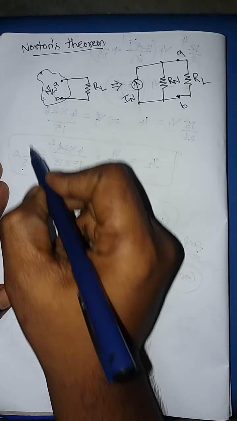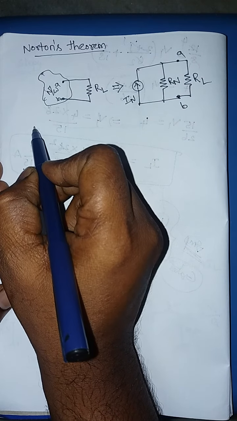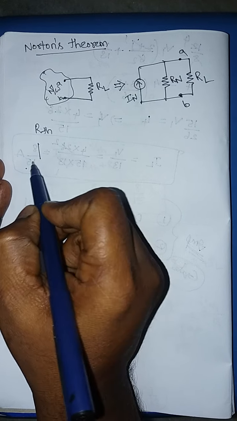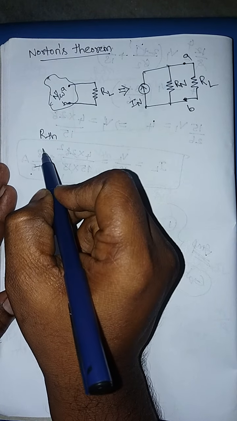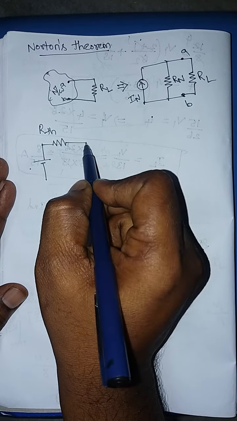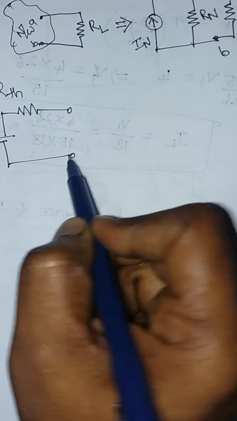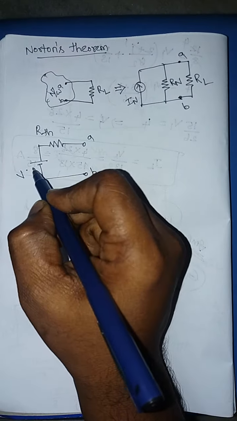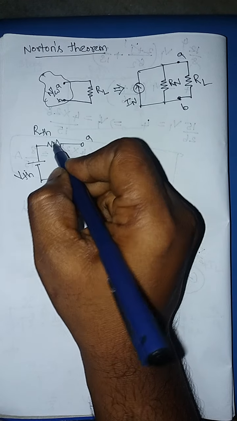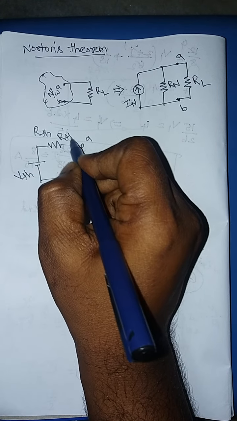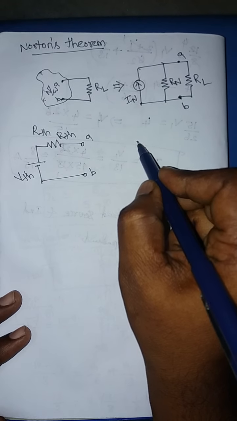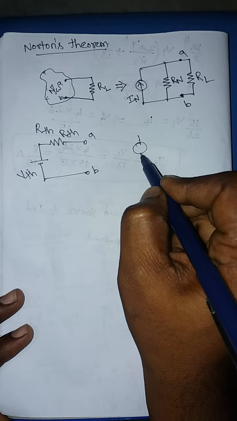Now, what are the similarities between Thevenin's and Norton's? In the case of Thevenin's, VTH is there and RTH is there across the load terminals AB. Now what about Norton's equivalent circuit?